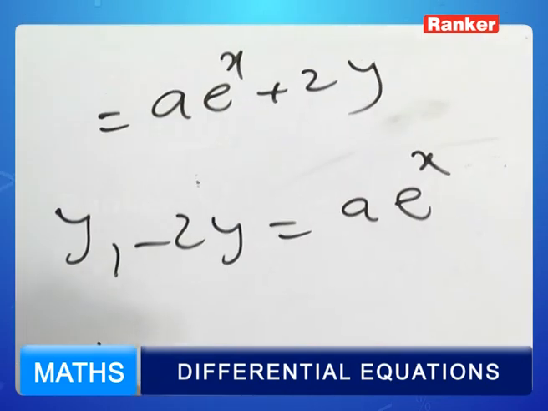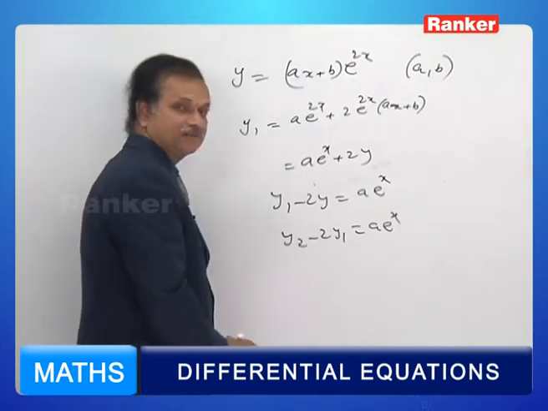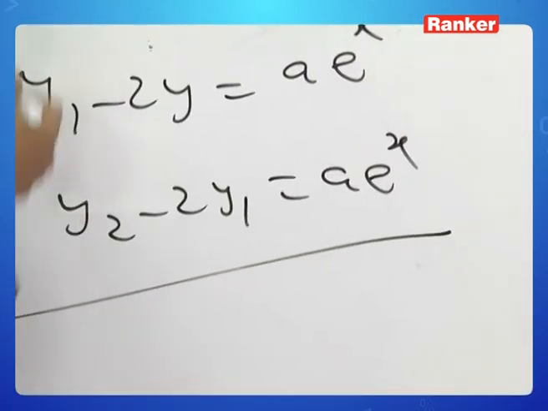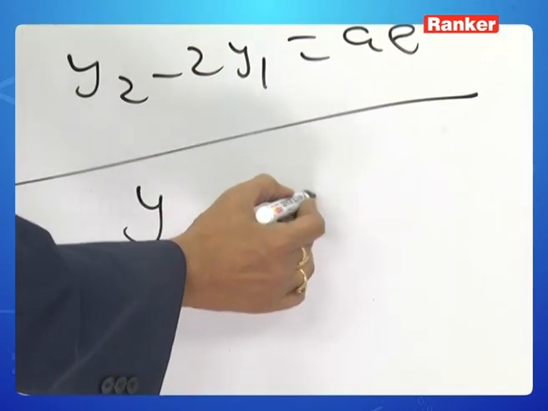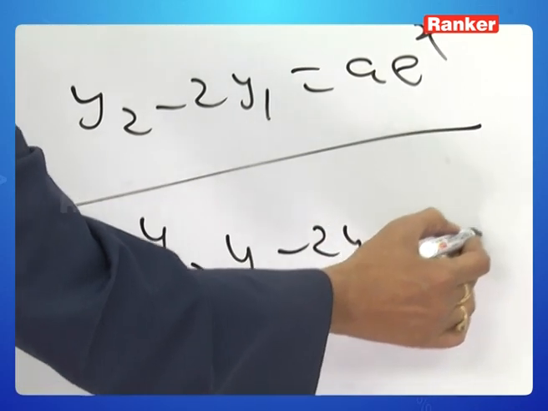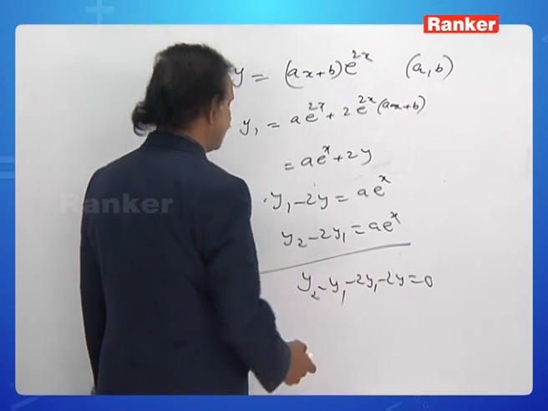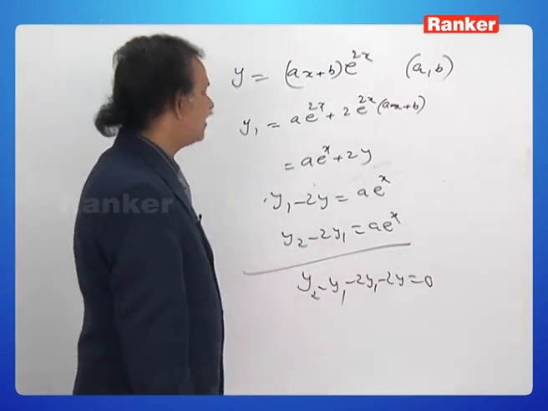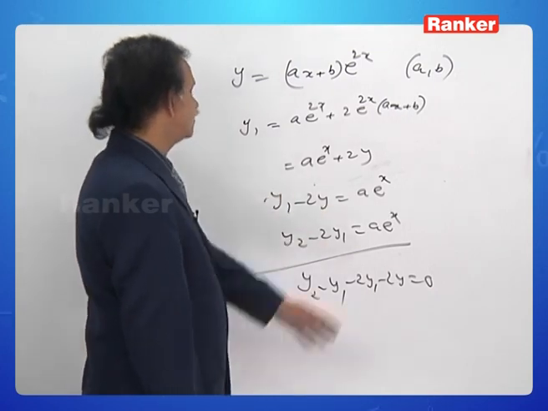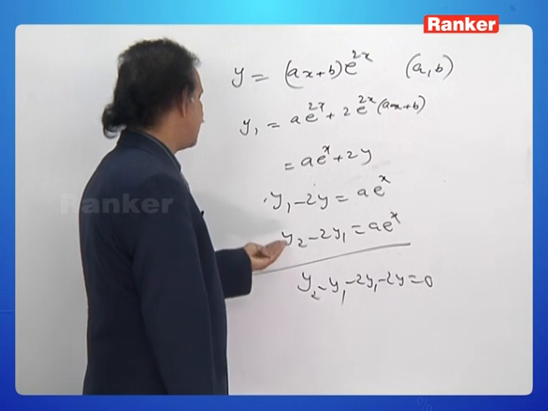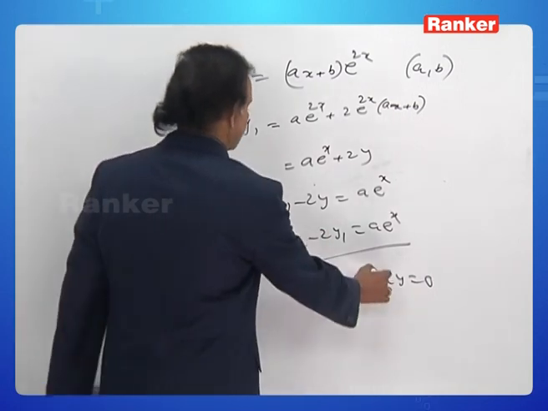Again differentiate. y2 minus 2y1 is equal to 2a e^(2x), correct? Subtract this from this. y2 minus y1 minus 2y1 plus 2y is equal to 0. The same thing you could have had in the previous case also, isn't it?